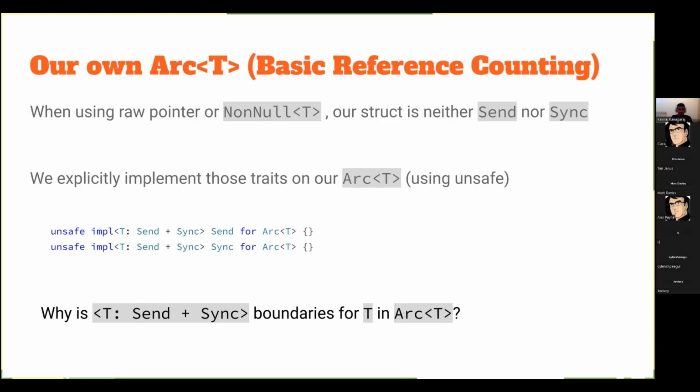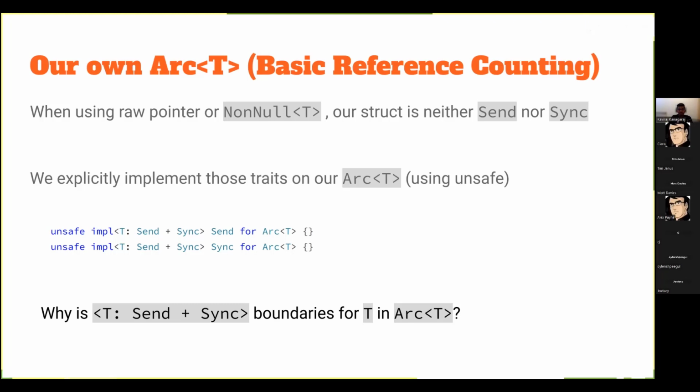And this is the interesting part, where we set the bounds for the type to be Send and Sync, right? For both the traits, it doesn't matter whether the Arc itself is Send or Sync. In both cases, we want the type T, whatever we store in Arc, to be Send and Sync both.